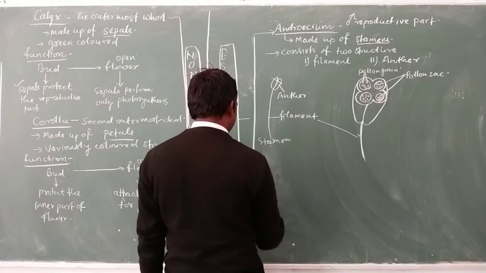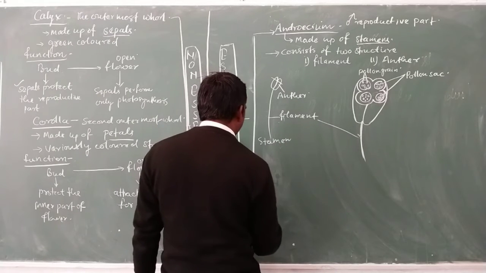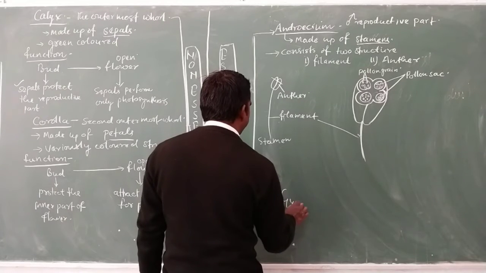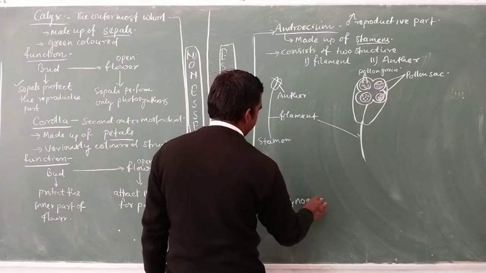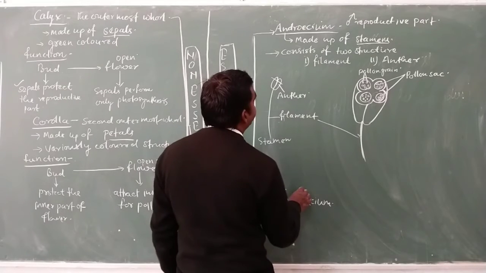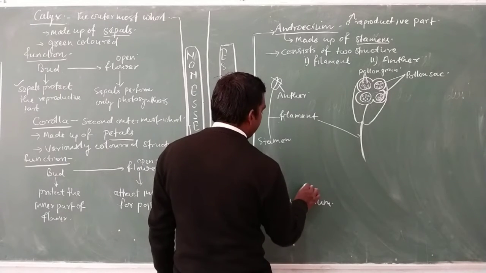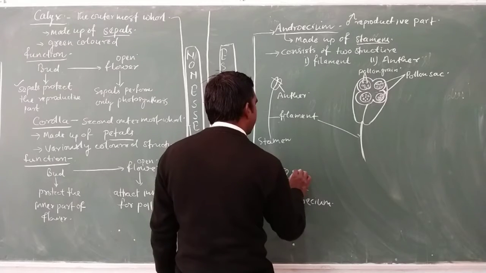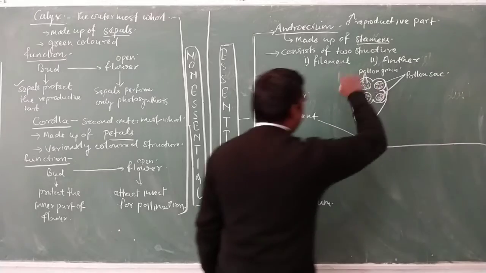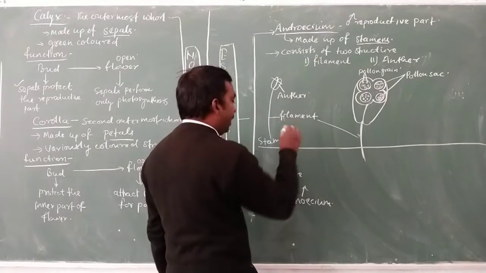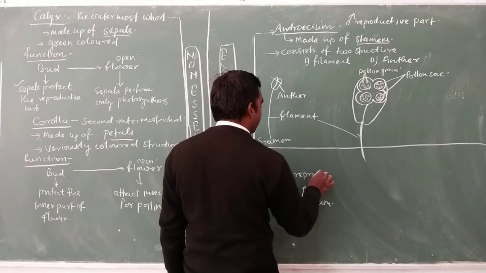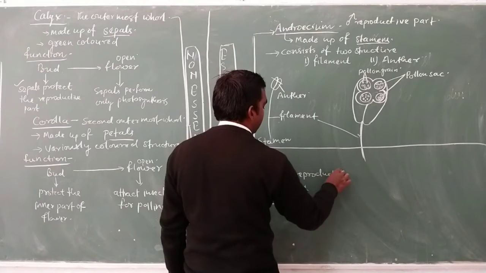Now the second component of the flower, essential part of the flower, that is gynoecium. So gynoecium is the female reproductive part, and the stamen is the male reproductive part.